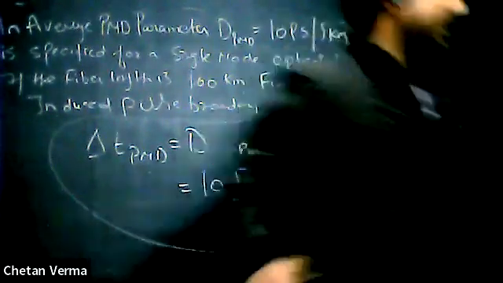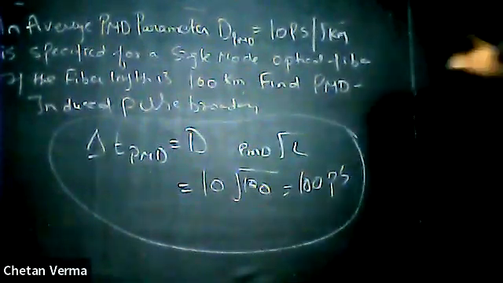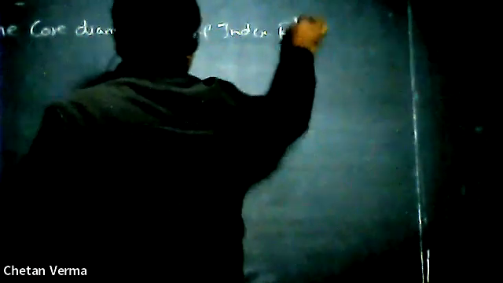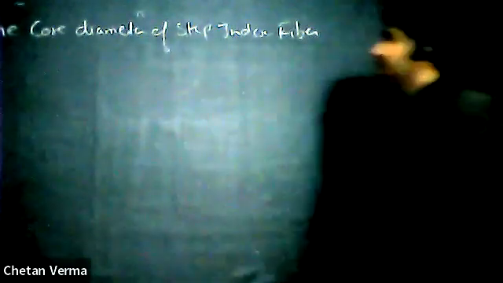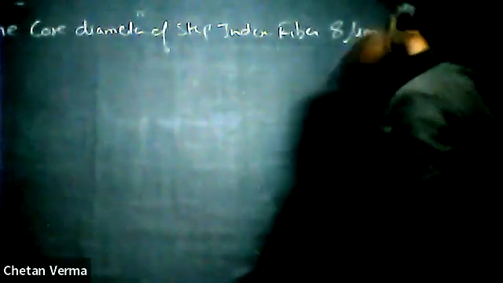That deals with the numerical of mode field diameter. Okay, mode field diameter, that is some concept. I have to write up the formula directly for the numerical. The core diameter of a step index fiber is 8 micrometer.